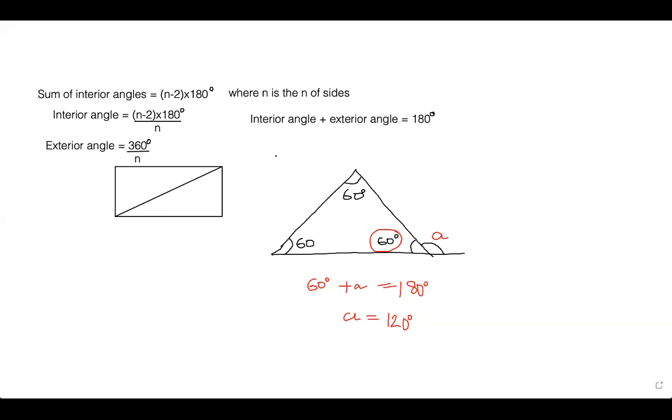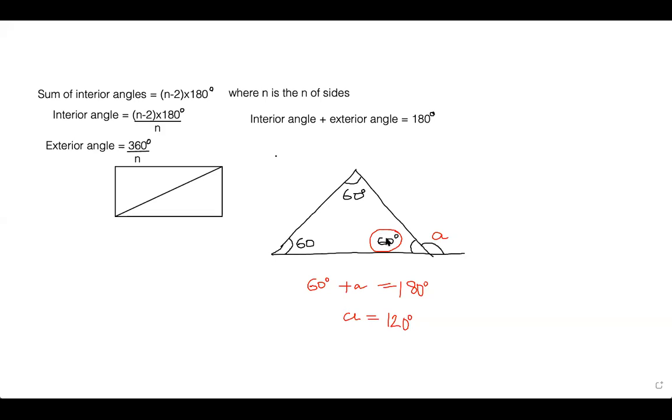So interior angle plus exterior angle is equal to 180 degrees. That means interior angle plus 90 degrees gives 180 degrees. Then when you take the 90 to the other side, it will give you the interior angle, which is 90 degrees. So I hope that is clear for the girls.